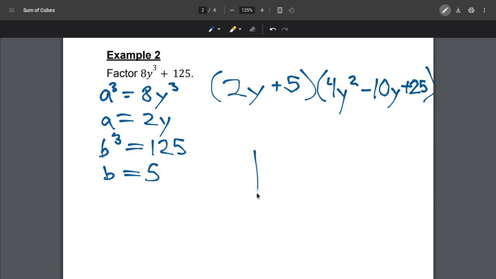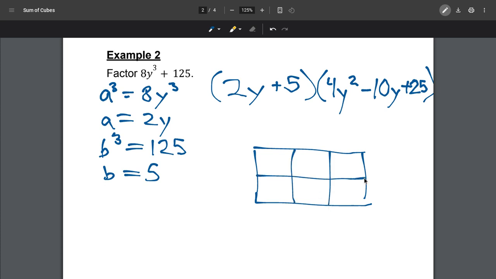Okay, so let's check and make sure this works. Do a Punnett rectangle here. So we've got our 4y squared minus 10y plus 25 here. And we've got our 2y plus 5 there.